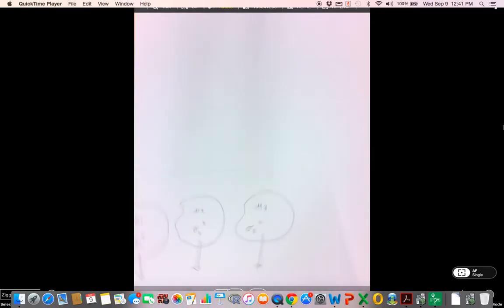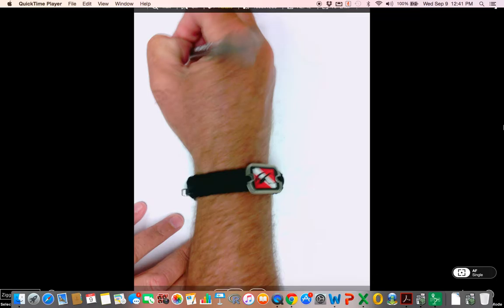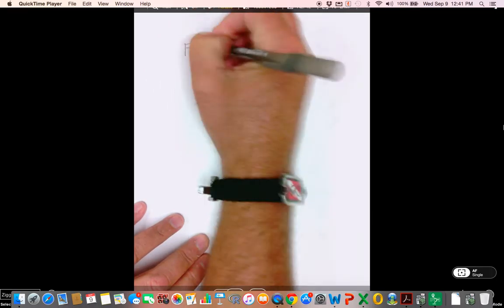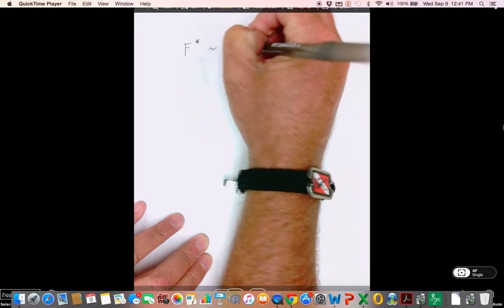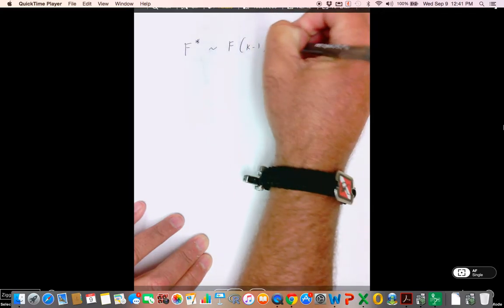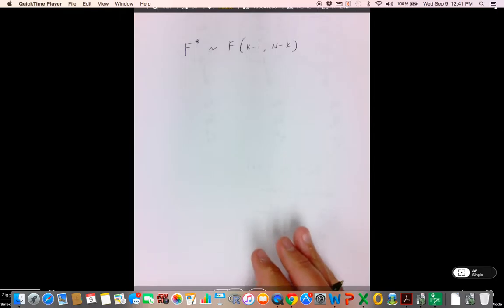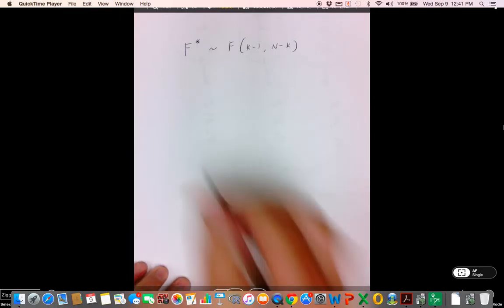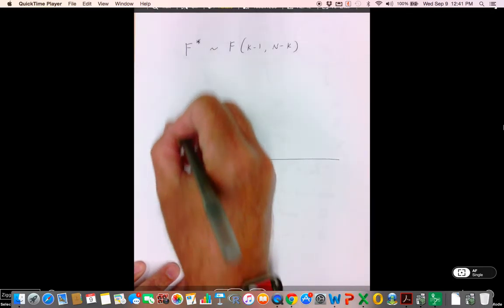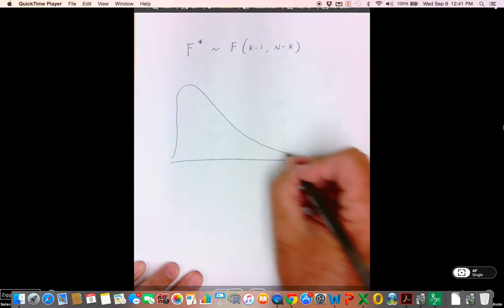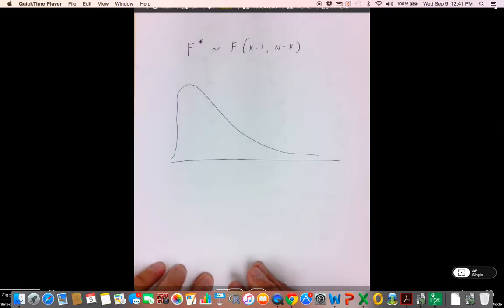Now, one thing to keep in mind before we go any further, this F-statistic follows the F distribution, degrees of freedom k minus 1, comma n minus k. The F distribution is not bell-shaped and symmetric like the t distribution or the z distribution.